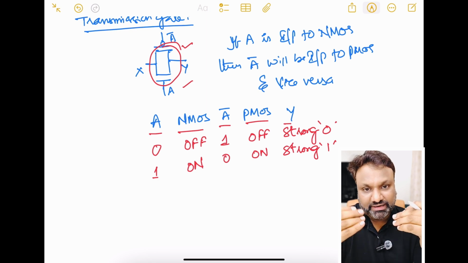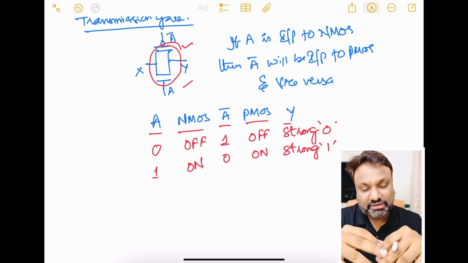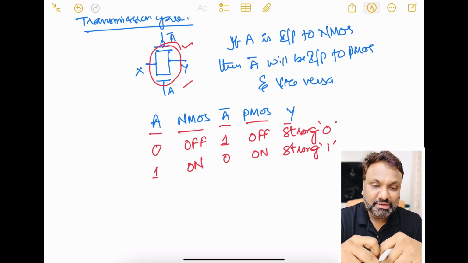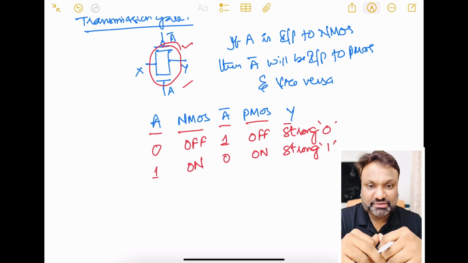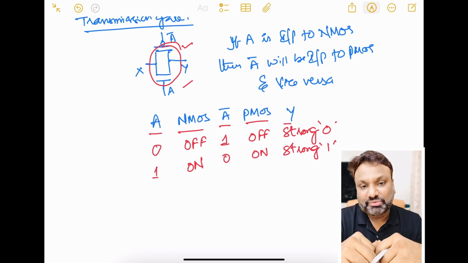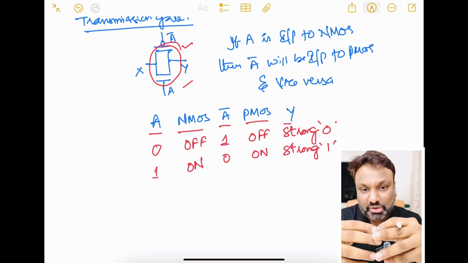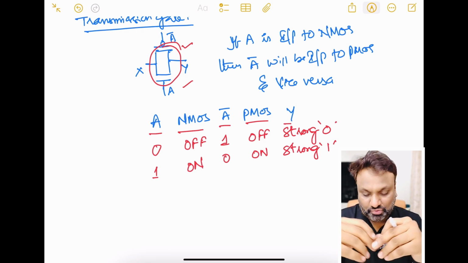If you know the design by using pass transistors, then you know how to design by using transmission gates as well. Simply replace the pass transistors with the transmission gates, then you get the implementation by using the transmission gates. We have also seen the advantage of the transmission gate, that we get a strong 0 or a strong 1 as the output.